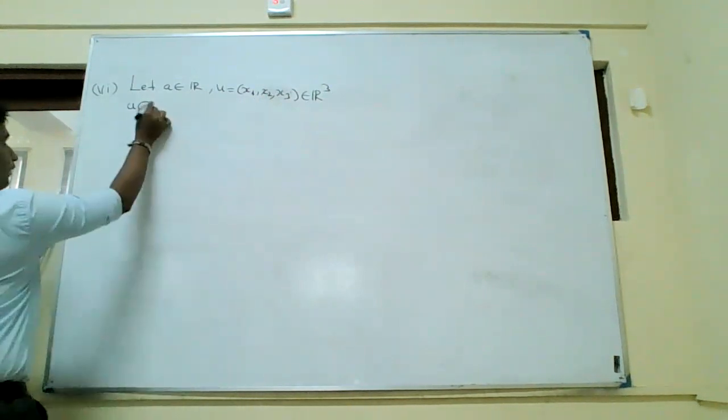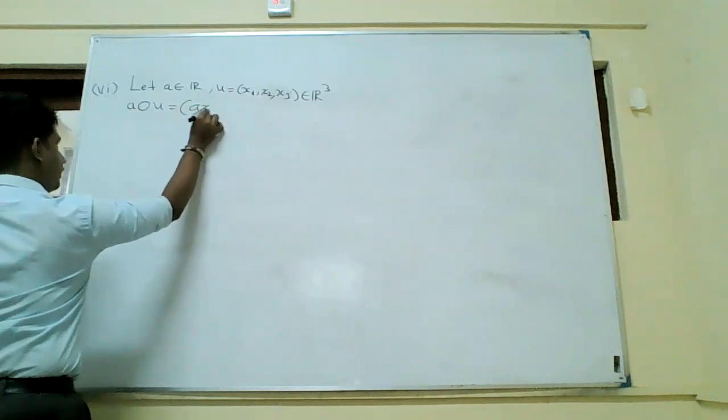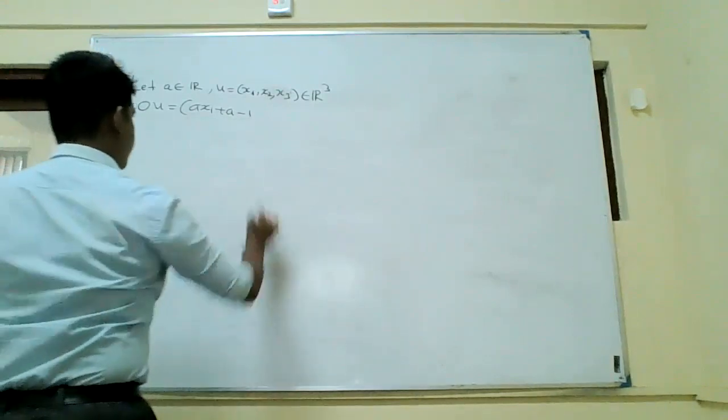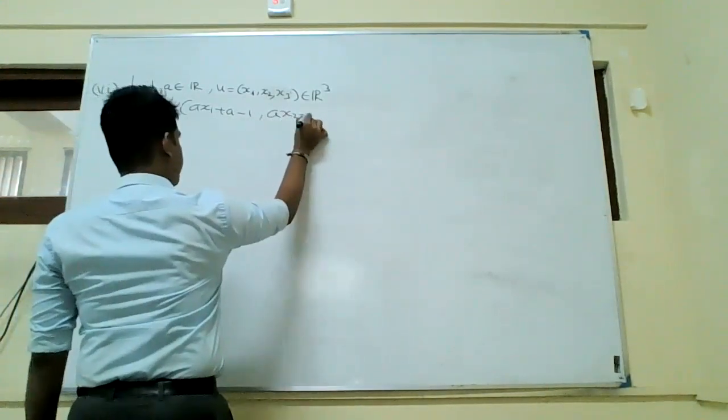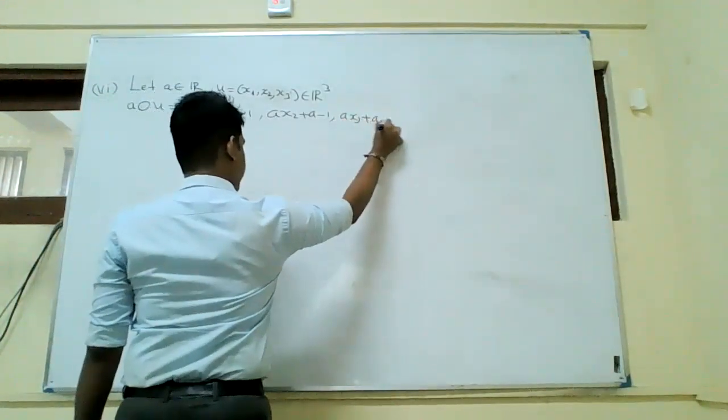It is given by (a x1 + a - 1, a x2 + a - 1, a x3 + a - 1).